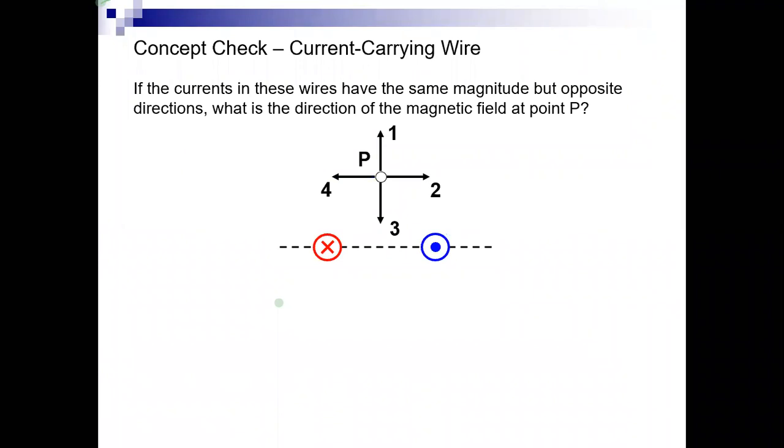So in this situation, when both are present, what will be the direction of the magnetic field?